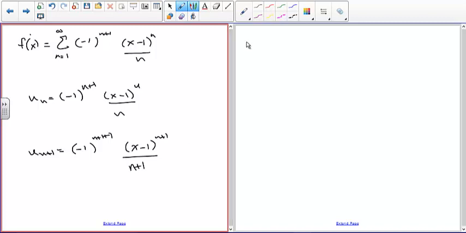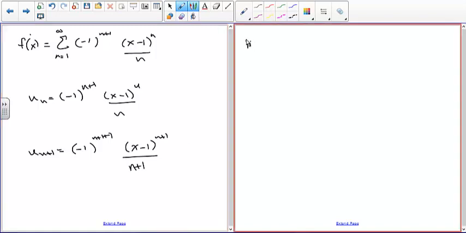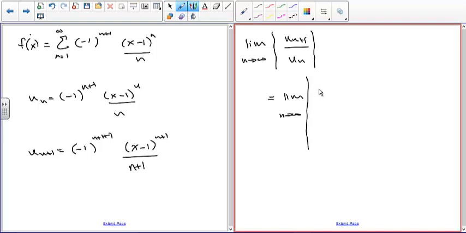So the convergence criteria is we look at the limit as n goes to infinity of the ratio of u sub n plus 1 over u sub n. So that is equal to the limit as n goes to infinity of negative 1 to the n plus 2 times x minus 1 to the n plus 1 divided by n plus 1, divided by, so that's u sub n plus 1, and I added the two ones together there.